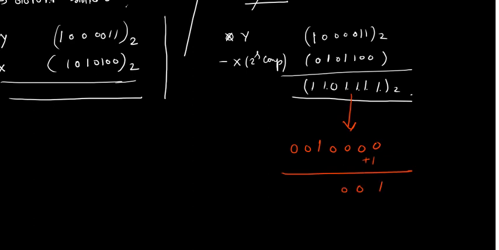So this is the 2's complement of this, and then we have to put a minus sign. So the answer is minus 0, 0, 1, 0, 0, 0, 1. So Y minus X would yield this.